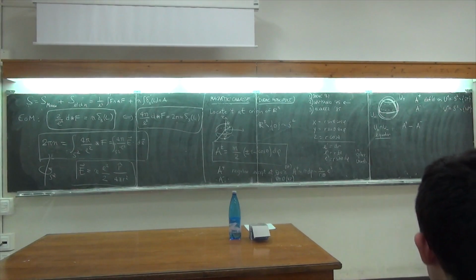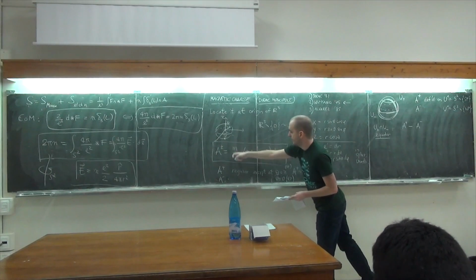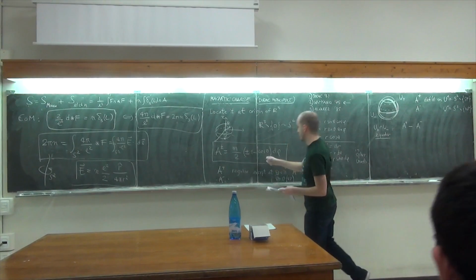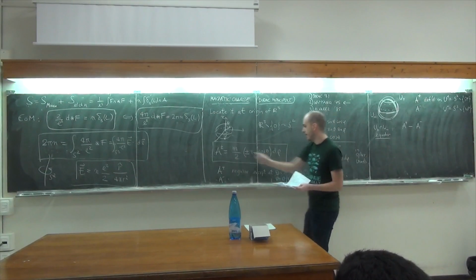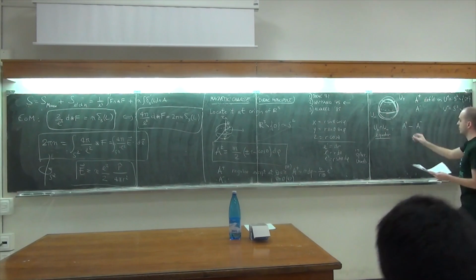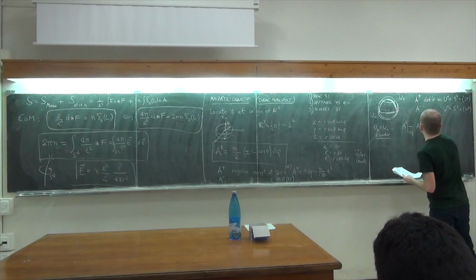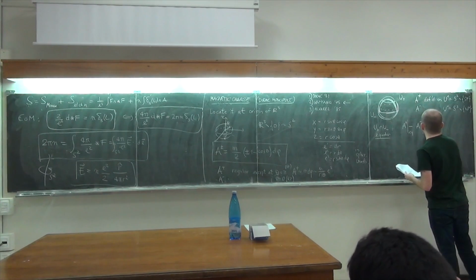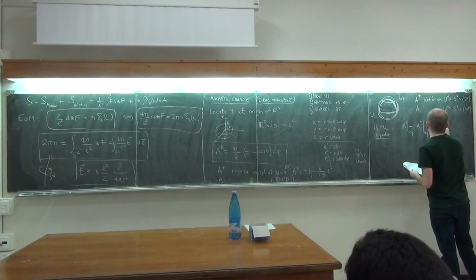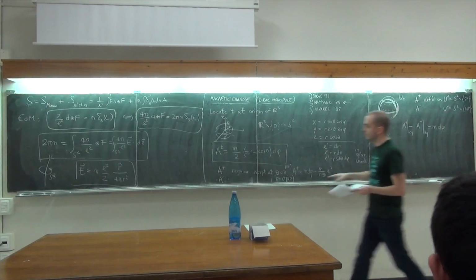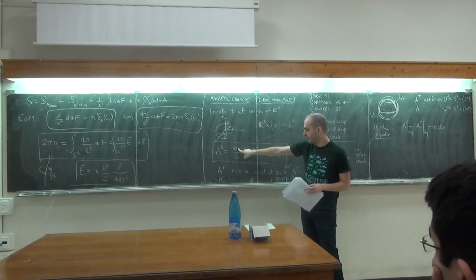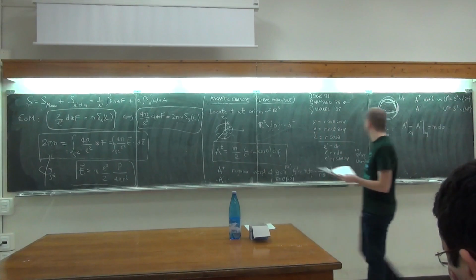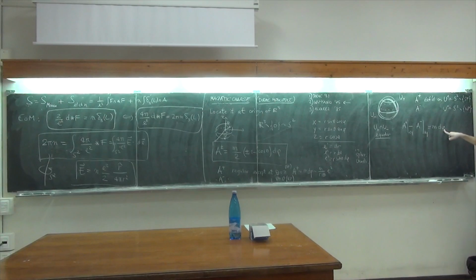Okay. So indeed, if you look at this expression here, we can specialize at theta equal pi over 2, which is the equator, and we get that the difference between A plus at the equator and A minus at the equator is m, this parameter that I put here, which I'll later on identify as the magnetic charge, times d phi.